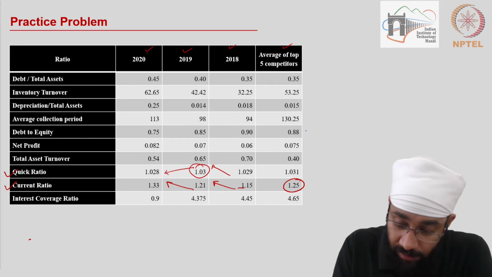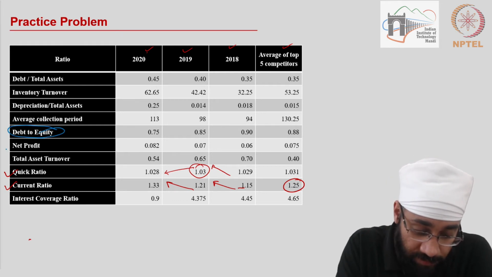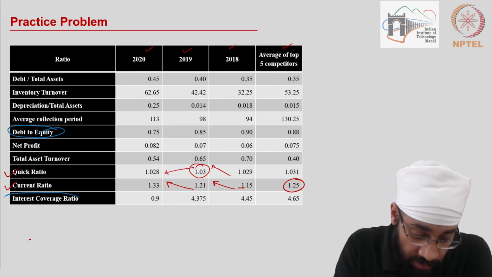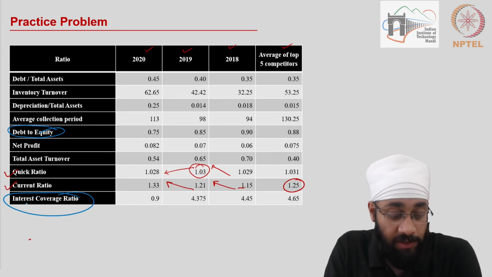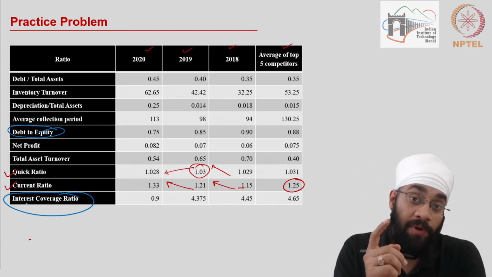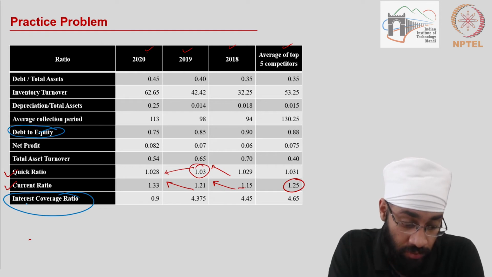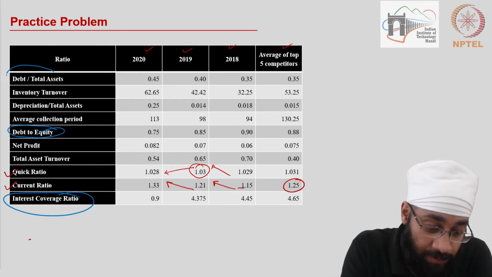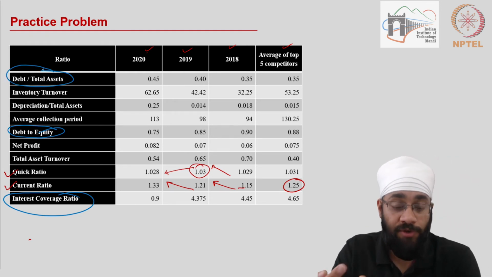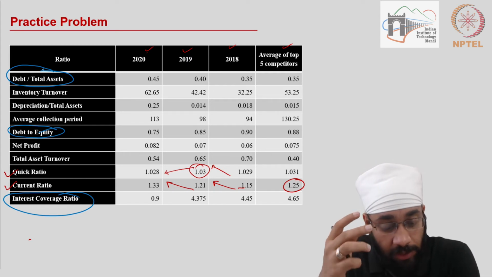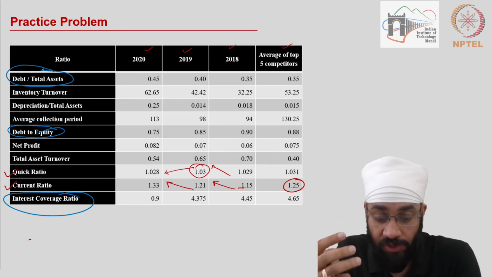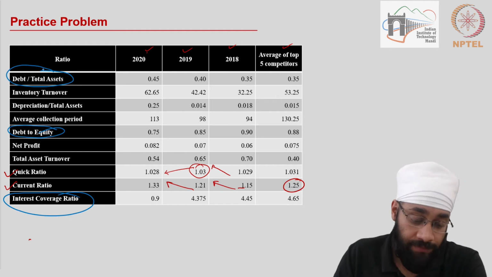So we know debt to equity, this is one, and then interest coverage, and then we have the proprietary ratio, which we do not have here, but we have debt by total assets, which is the opposite of the proprietary ratio. So we can make use of these three ratios to come to some kind of conclusion.